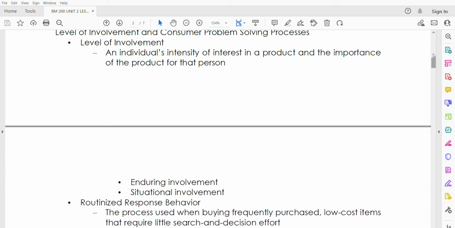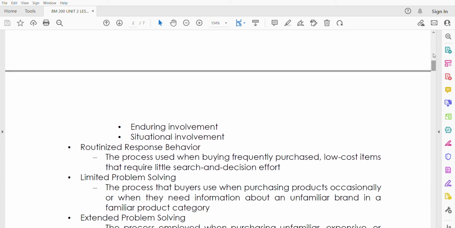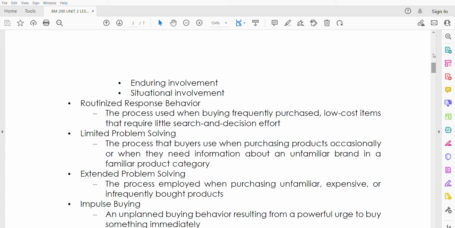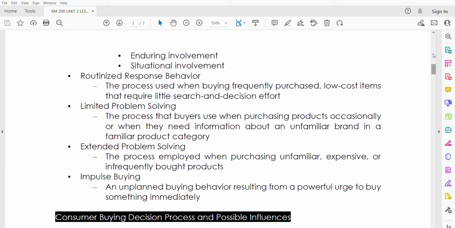Then we also have the routinized response behavior, meaning the buyer or the consumer buys frequently the product. So these are low-cost items that require little search and decision effort. For example, we always inigbang grocery atong mga mama or kita sa ato ang para sa ato ang consumption sa ato ang households.